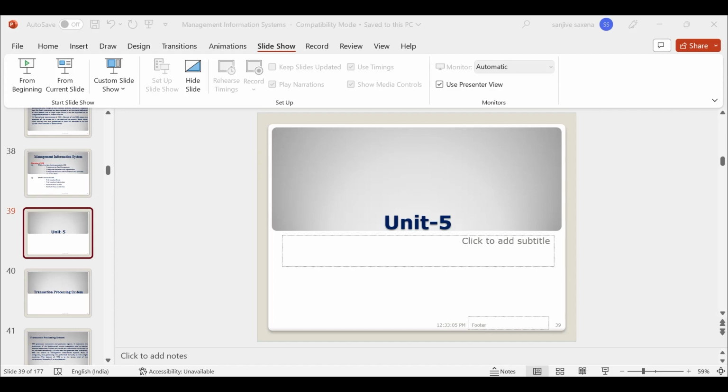For example, a recent case of a knowledge based system is ChatGPT. You write something, it will search the database, that means it will gather knowledge, and then it will try to provide exactly what you are looking for.